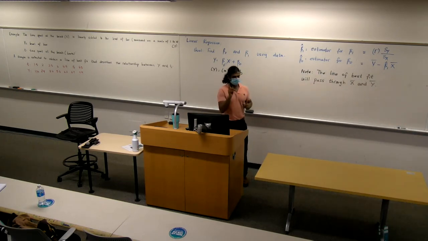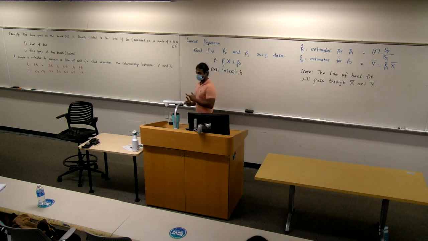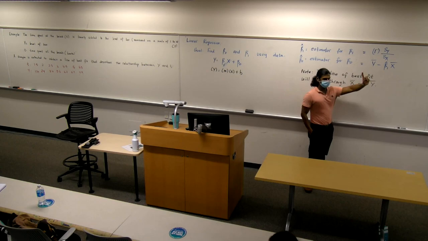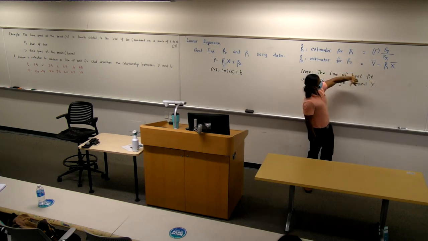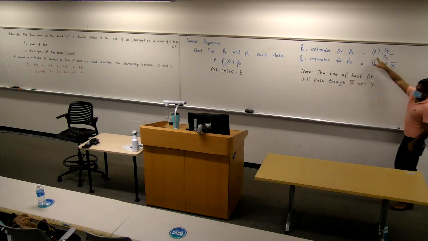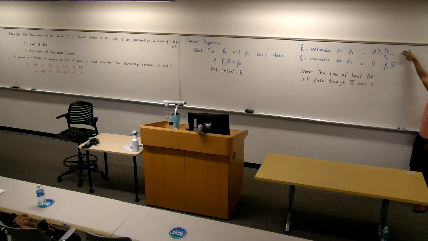I want you to try the formula. It is very straightforward, yes? Plug it in the formula and see if you can. We know how to find R. We know how to find Sy, Sx, and use all that to find the line of best fit.